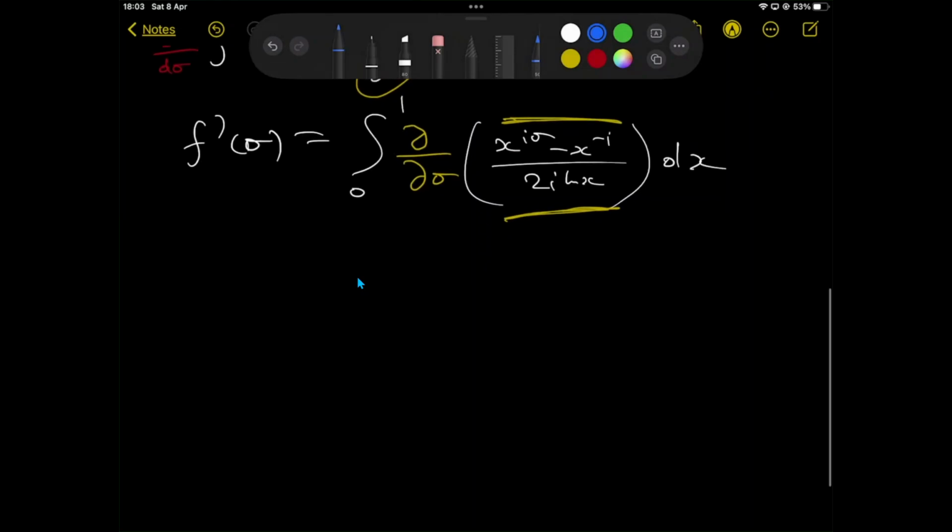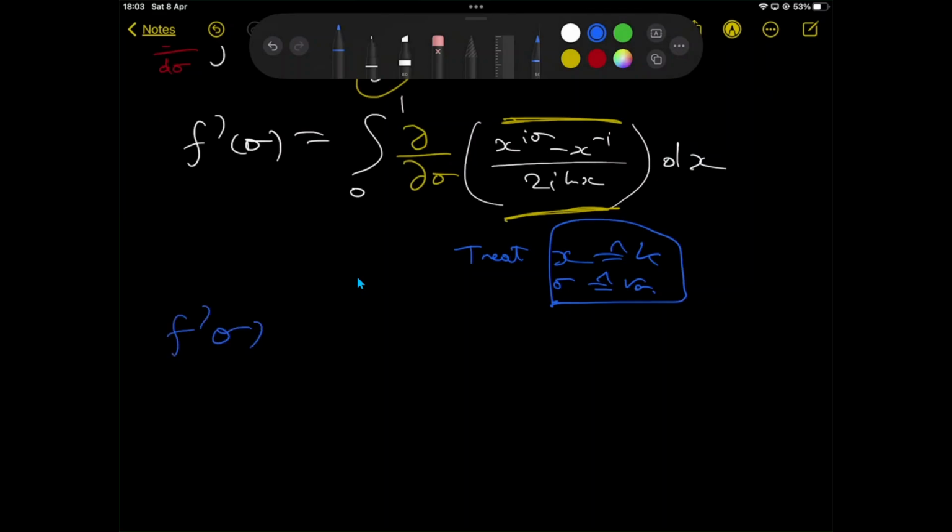When we are differentiating with respect to sigma, treat x as a constant and sigma as a variable. This is vital. Once we do that, we get f prime of sigma equals the integral, and we need to differentiate this. How do we do that, you may be saying? Well, there's a rule.